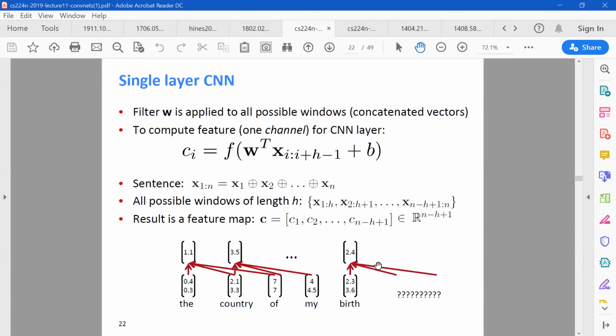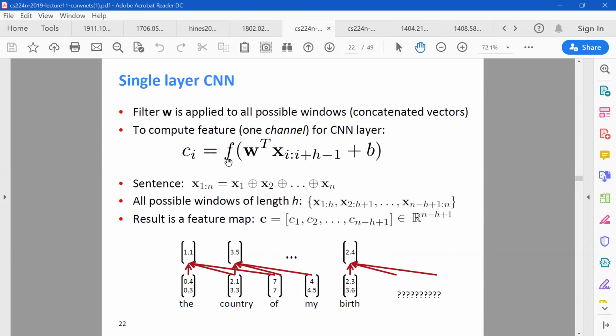Okay, so single layer CNN applied to all possible windows. Compute one channel for each layer. Okay, he adds a bias vector here, and that's not something we talked about. These are the weights of the convolution that we have to learn.